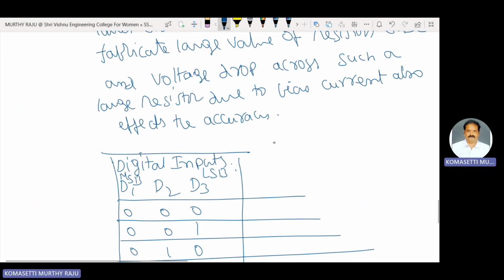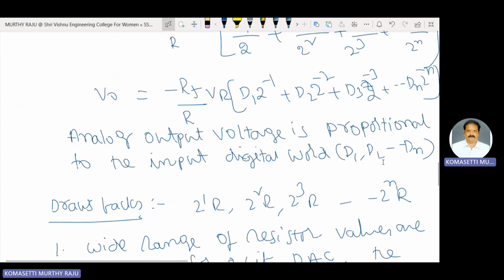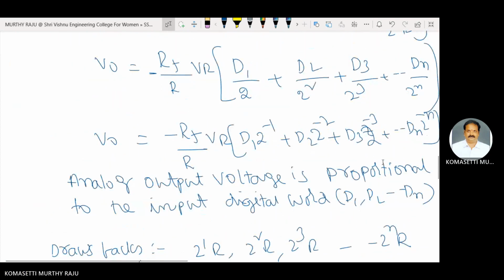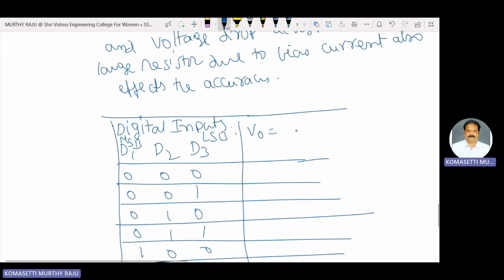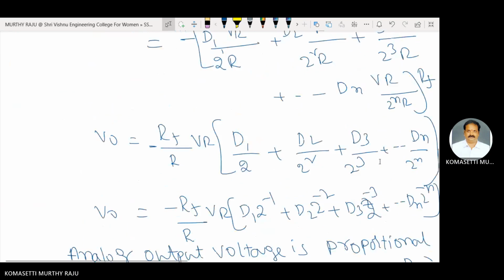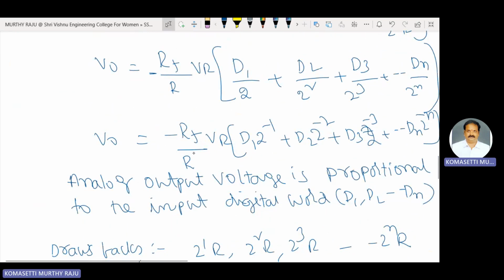For positive reference voltage, we know that V0, suppose RF is equal to R, that is V0 is equal to minus VR into D1 into 2 power minus 1, plus D2 into 2 power minus 2, plus D3 into 2 power minus 3.